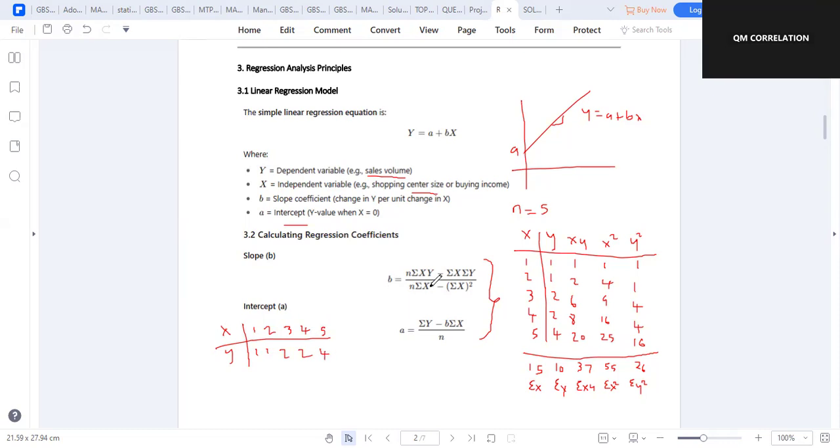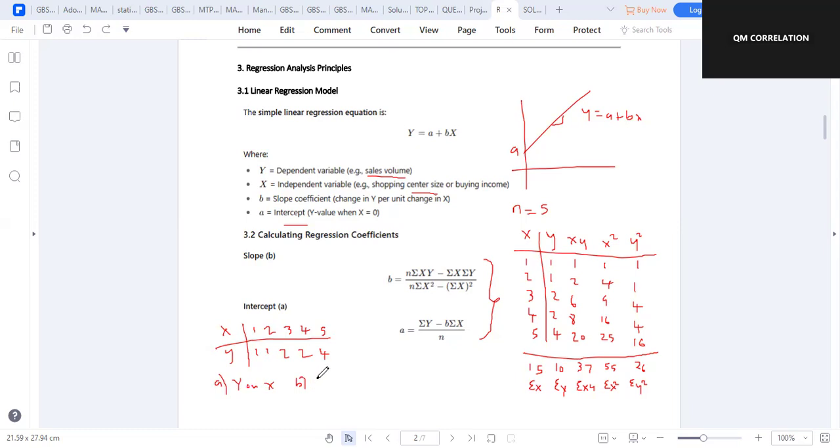So number one, we need to find what? Our regression equation. A, we can just say find y on x. B, after finding y on x, we'll ask you to predict y if x is what? Find y if x is equal to 10.